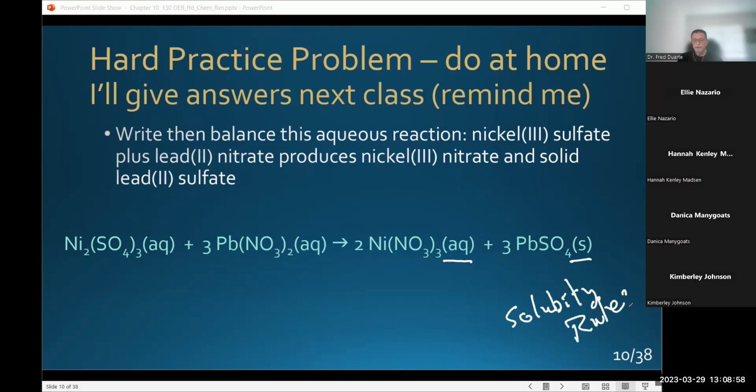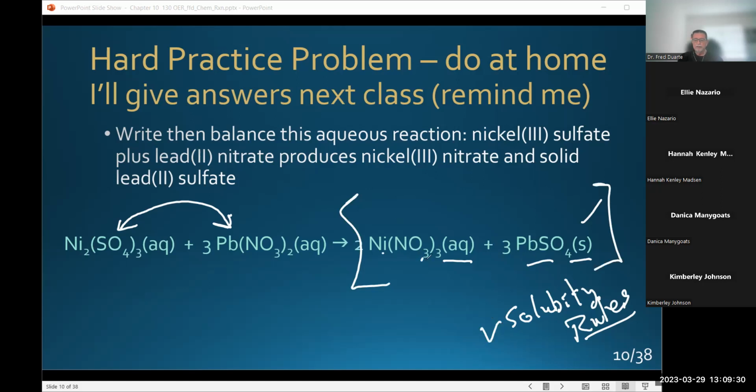Okay. And if you look at the reactants, all they did was exchange partners. The sulfates got together with the lead to form lead sulfate, and the nickel got together with the nitrates to form nickel nitrate. So there was an exchange of partners. Now, when you look at the product side, based on the solubility rules, of the 2 products, we find that nickel nitrate is soluble.